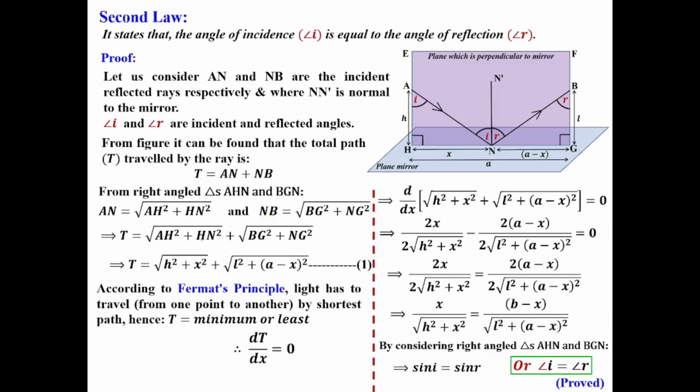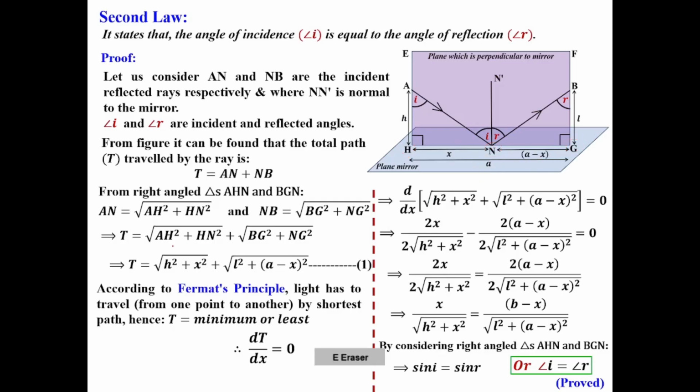Here AH we considered as h, small h, and H to N along the x-axis, this much distance we have considered as x. From H to G we considered as a. So obviously NG distance will be a minus x.